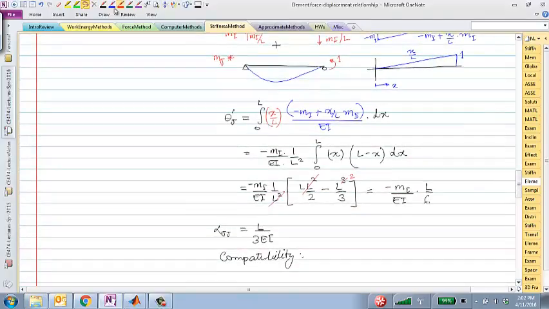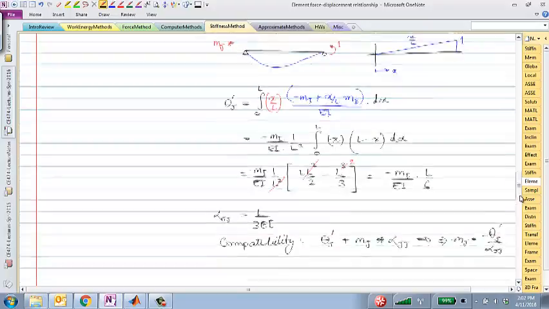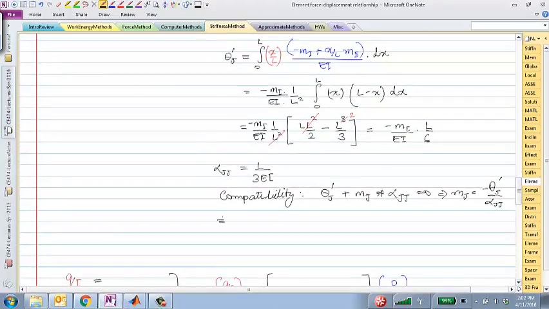And that would basically be that theta j prime plus mj multiplied with alpha jj equal to 0, which immediately tells me that mj would be equal to minus theta j prime divided by alpha jj, which tells me that mj would be equal to mi L over 6EI divided by L over 3EI up here.